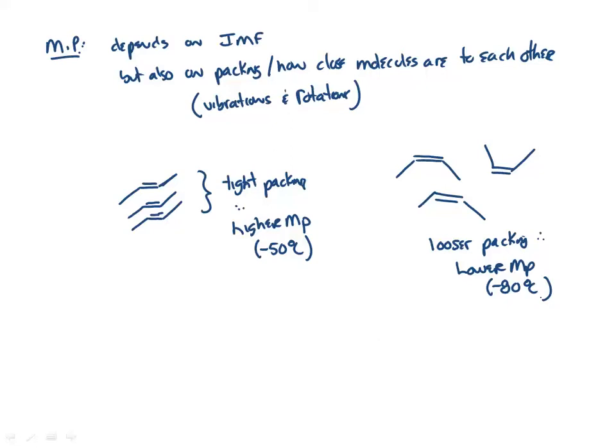So shape plays a role in things, something we have to consider, especially for cis and trans molecules where one of them might be nonpolar and one of them might be dipolar. That really can change things around. We'll come back to that and we'll see some of those same things happening with other molecules. And really the take-home message is that it's a little bit more complicated than we want it to be probably. And so every once in a while we'll point out a few exceptions to the rules.